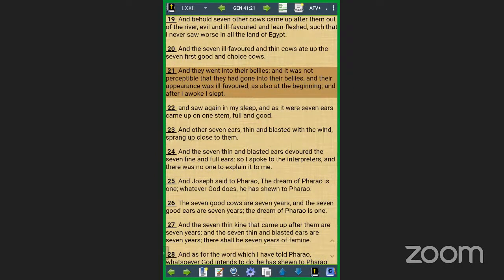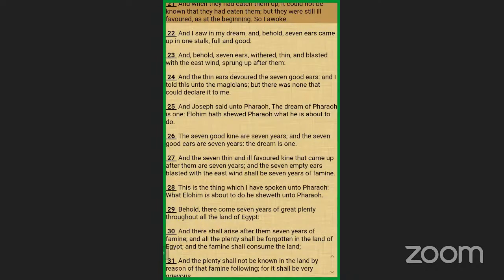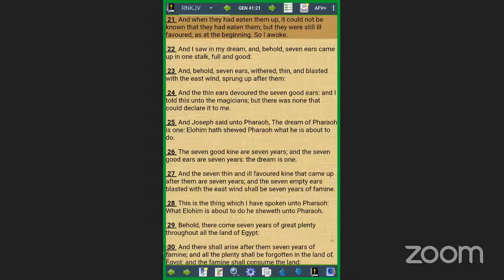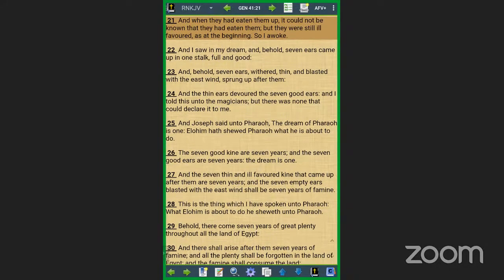And after I awoke, I slept. So it's basically letting you know in the Septuagint that once Yusuf woke up from this dream, he went back to sleep, where the Masoretic just says he awoke. So it doesn't mention whether he stayed awake or not. That's the major difference there.